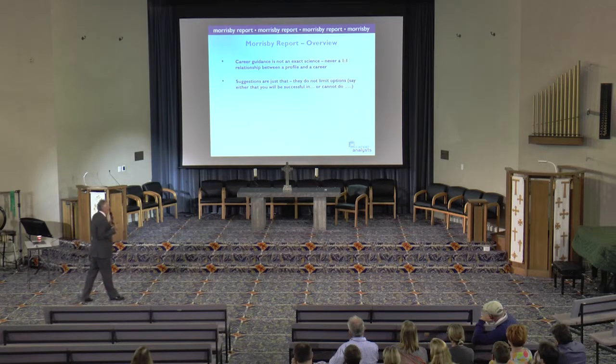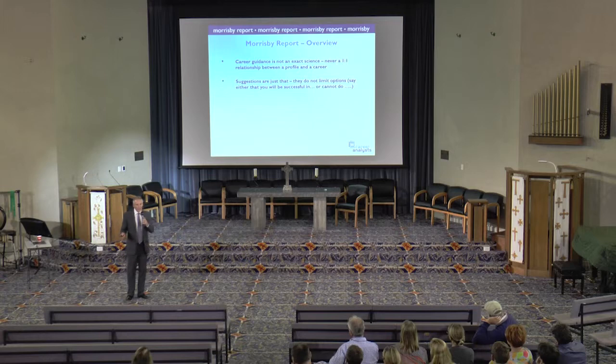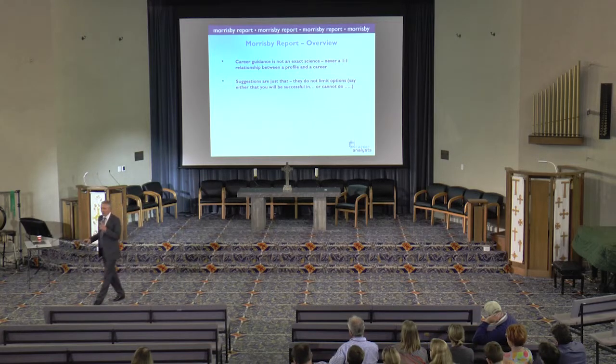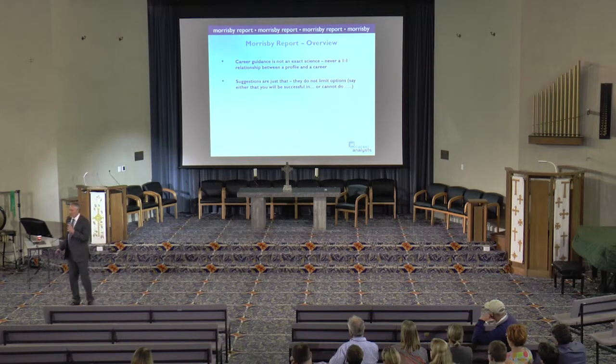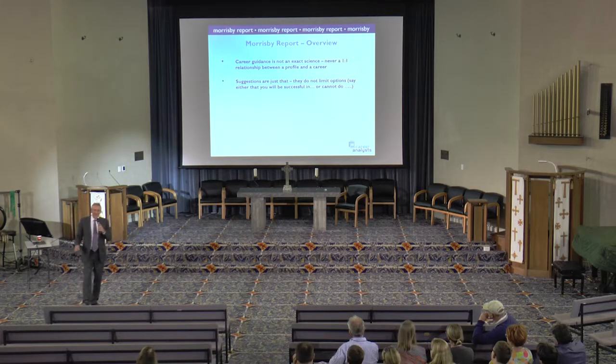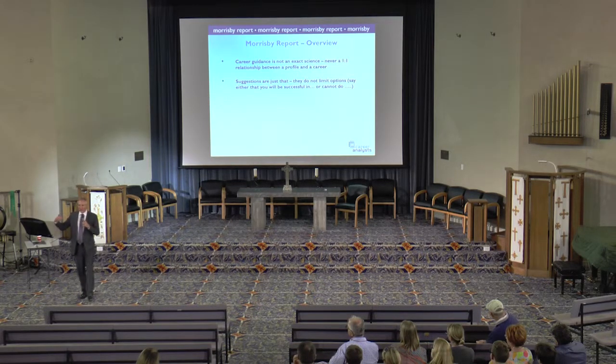When people look at something like this, quite often we'll go to the back and read the suggestions, and we'll either like them or hate them, or maybe somewhere in the middle. I would point out those are just suggestions. They're not a list to choose from. The idea behind all this is to start people building this concept of who they are and what they might be suited to.